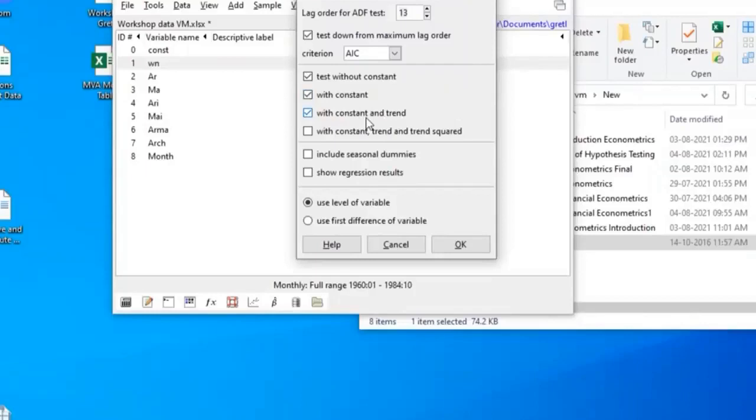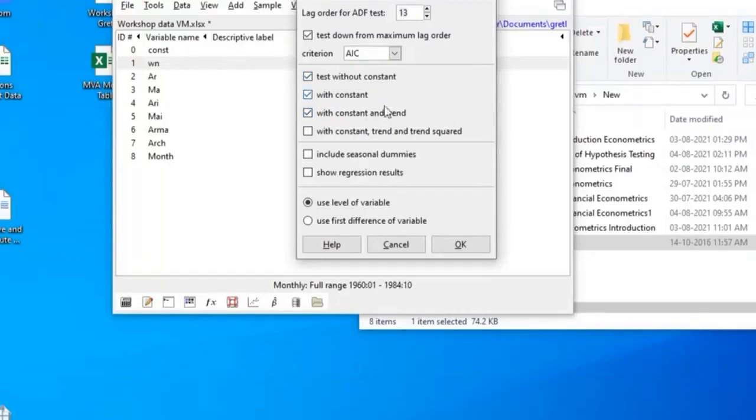Okay, this we have already seen. If we include a trend in the regression equation, then that will detrend the entire series. Actually, what we have to do is, it is better that we graph the particular series and see whether there is any trend or not. If there is no trend at all, then we can test the series without constant, the first one only.